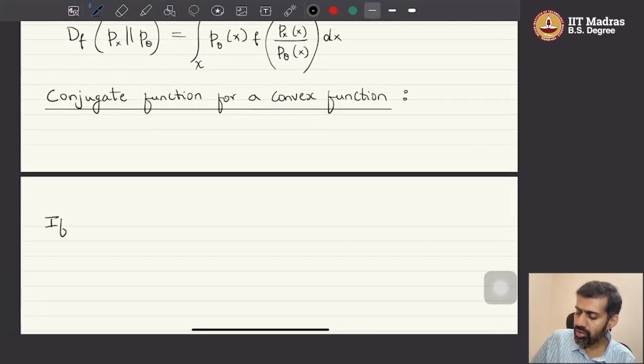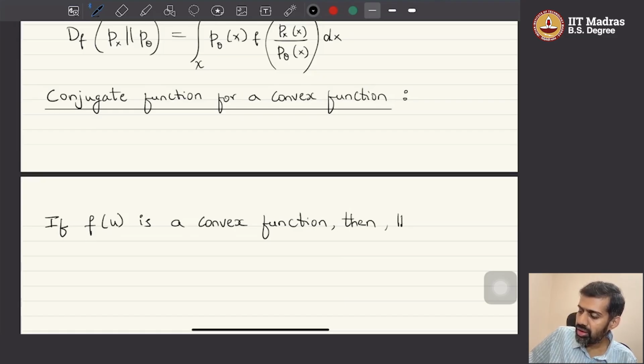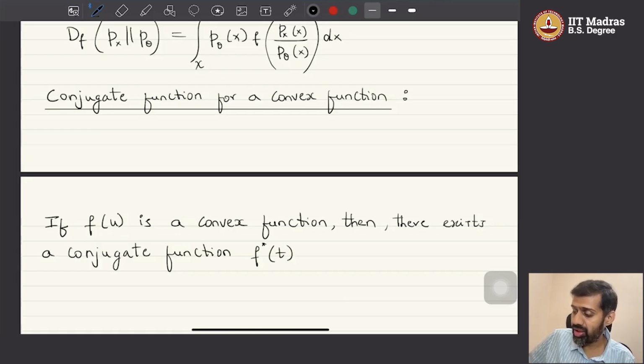If f of u is a convex function, please note that u is a dummy variable here, then there always exists a conjugate function denoted by f star of t. Please note that t is also a dummy variable here.